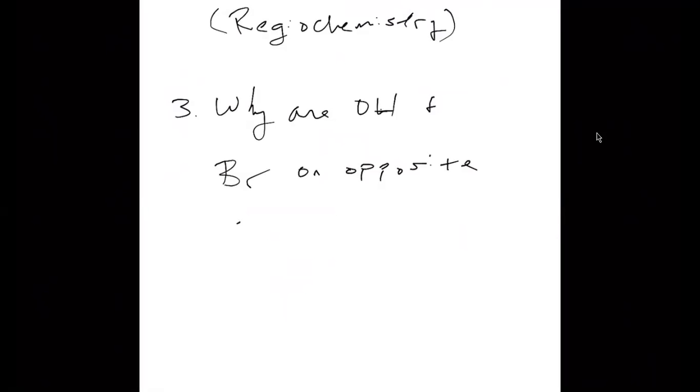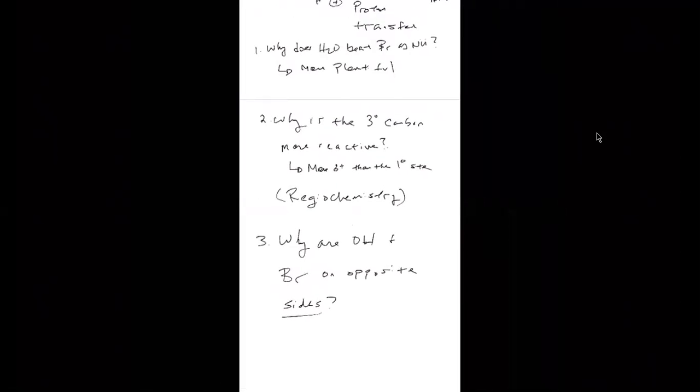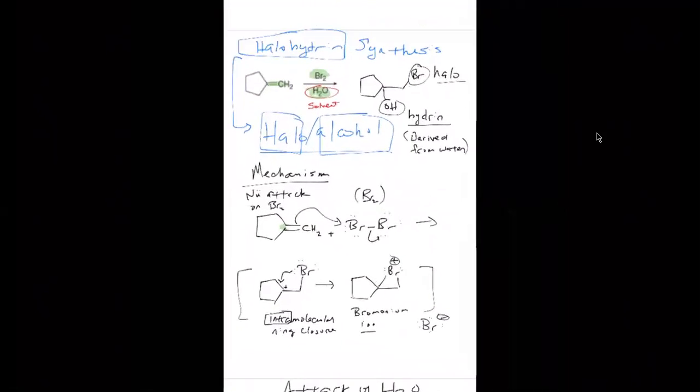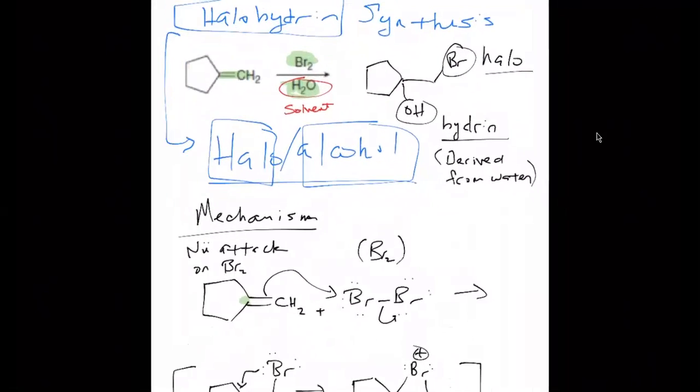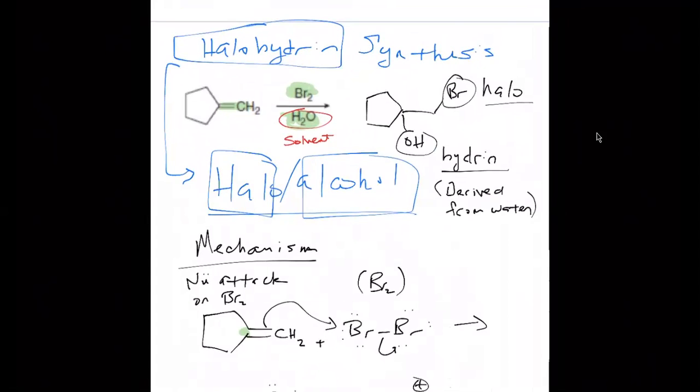That's the third question. Why are the OH and the Br written on opposite sides? Let me go back up here. I'm going to copy that and paste it down here.